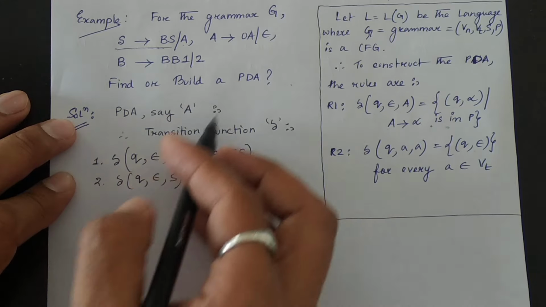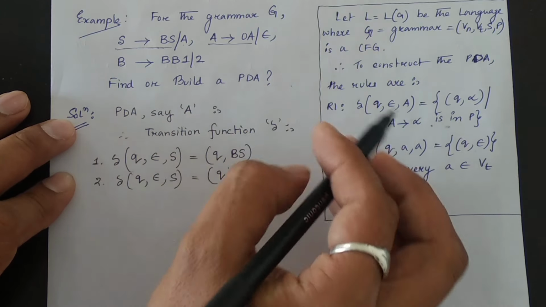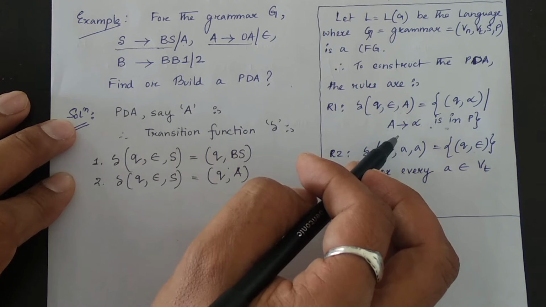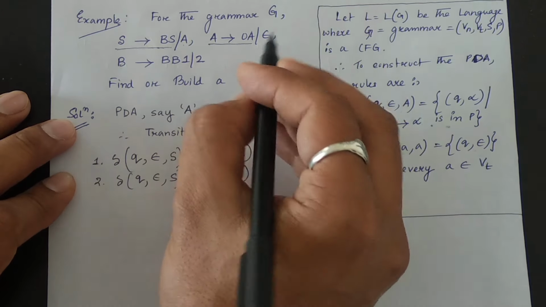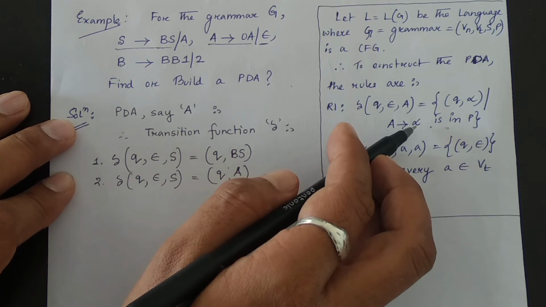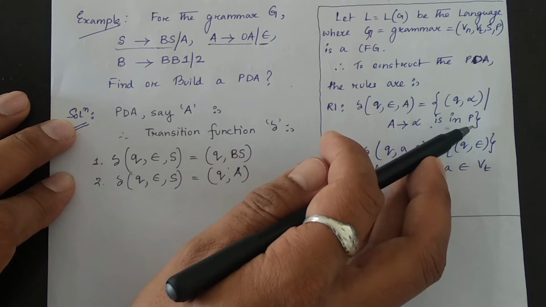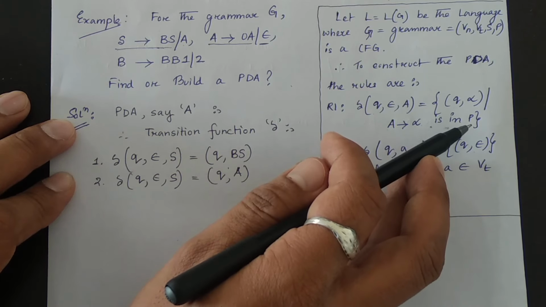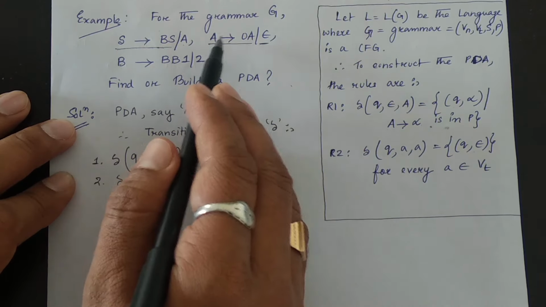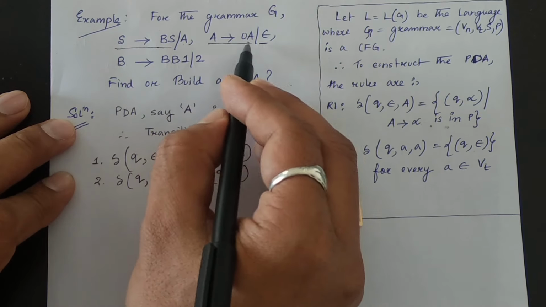Now similarly I have to do it with A also. A is having a production of the form A tends to alpha. Again I have to write for this. Alpha, as I have told you, can be a single terminal, a single non-terminal, a combination of terminal and non-terminal, or epsilon, so it can be of this format also. So this is all of the A tends to alpha format.